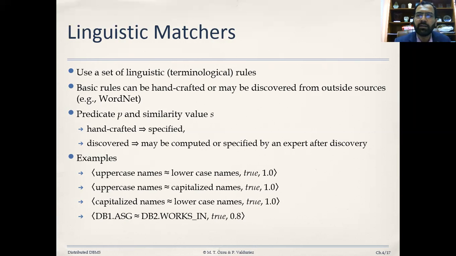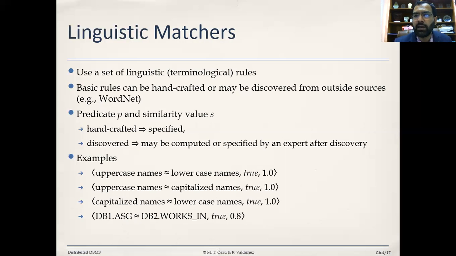I have specified that these four letters B, O, L, T come together, so wherever they come, in the beginning or in the end, they represent the same thing. And the second thing is discovered, which is not specified, but when you apply the linguistic matching approach, those rules are discovered, maybe computed or specified by an expert after discovery.